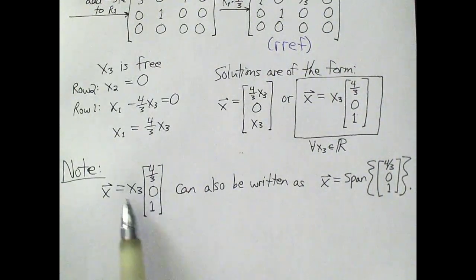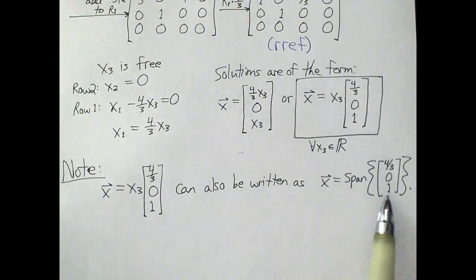is this thing right here that I'm pointing at a linear combination of this vector? Well, yeah, it is. It's just usually when we talk about linear combinations, we have a bunch of vectors, v1, v2, v3, whatever. Here, we only have one vector going in the span brackets.